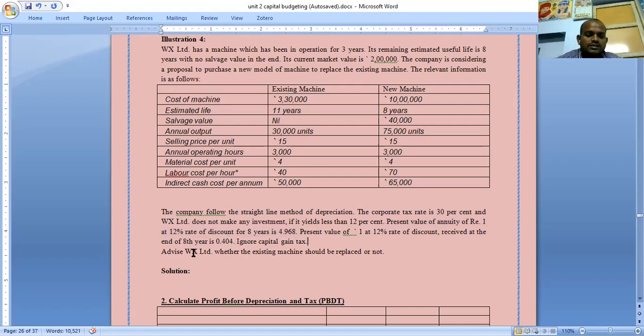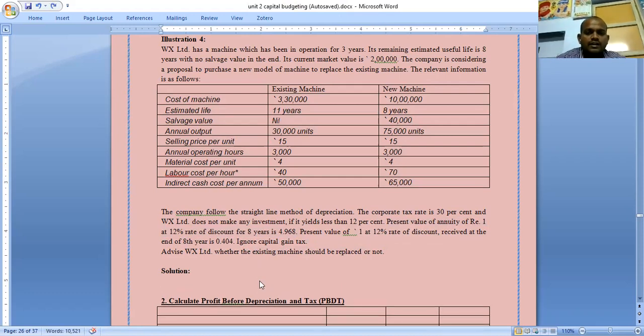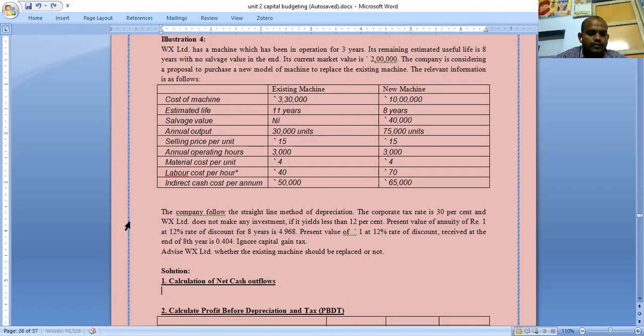Advise Devlex Limited whether the existing machine should be replaced or not. So first of all, we have to calculate the initial investment, initial cash outflow. So calculation of net cash outflows.